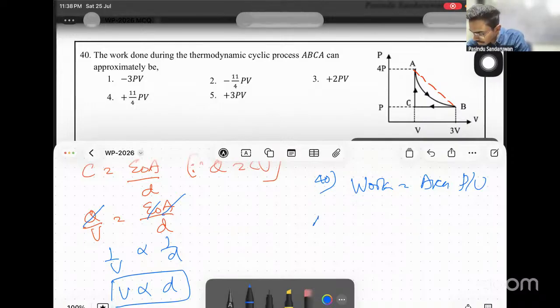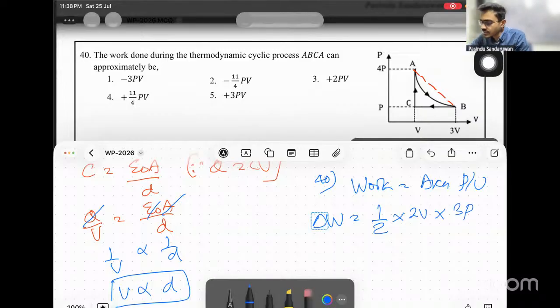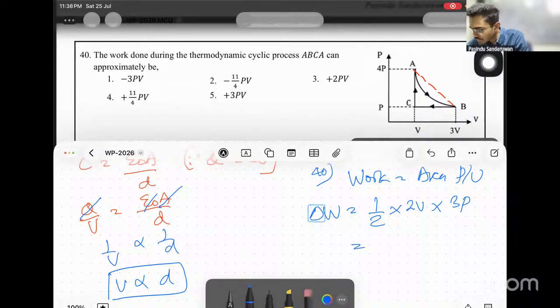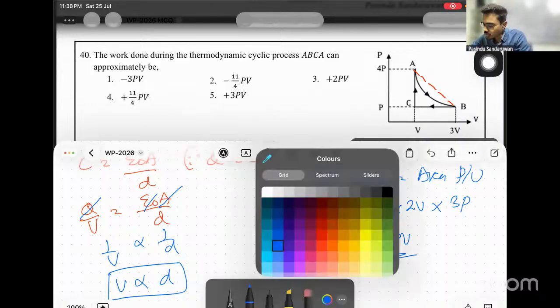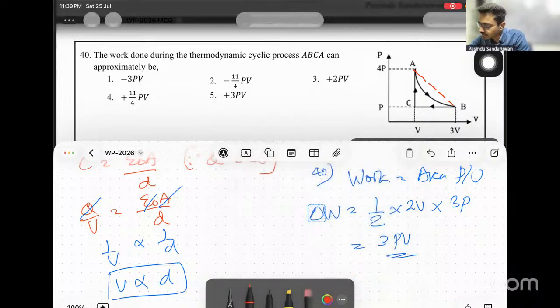Then W here is the area of the triangle, with V to 3V meaning 2V and P to 4P meaning 3P, right? Then this is the value, that is 3PV. And the process is clockwise. If the process is clockwise, the sign of the work is plus. And this is for the triangle.